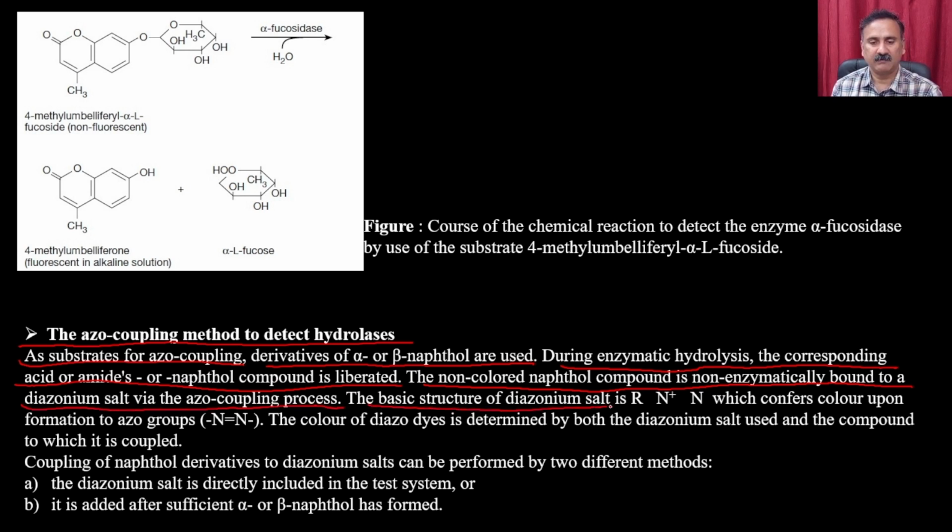The basic structure of a diazonium salt is R-N2+, which confers color upon the formation of azo groups. The color of the azo dye is determined by both the diazonium salt used and the compound to which it is coupled. Coupling of the naphthol derivative to the diazonium salt can be performed by two methods: the diazonium salt is directly included in the test reaction, or it is added after sufficient alpha or beta naphthol has formed.